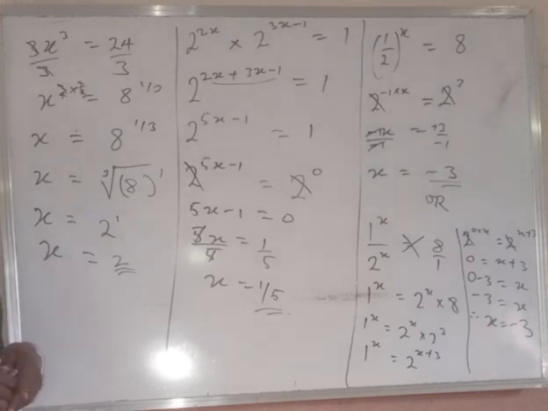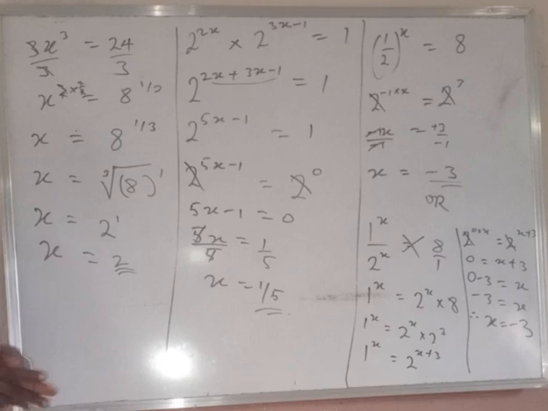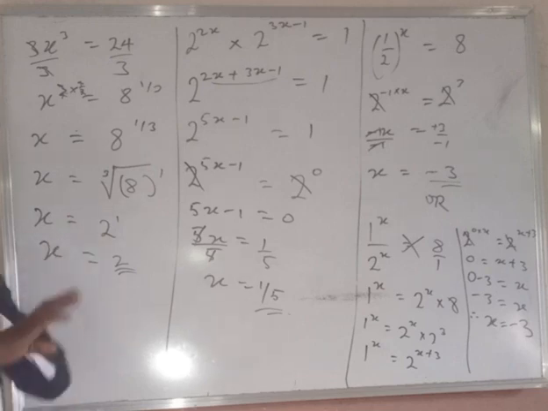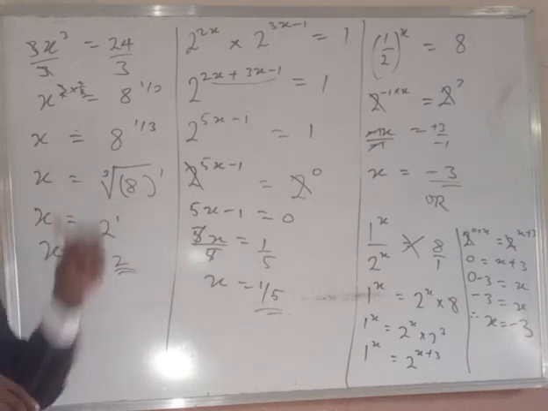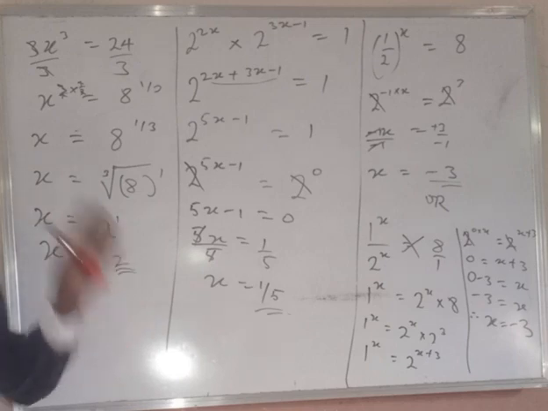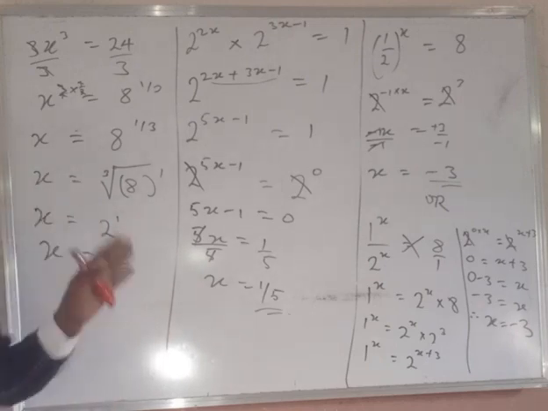Do you get it? Your WAEC past question is there, your JAMB past question is there. Now that we have covered everything we want to learn in indices, you should be determined that anything that has to do with indices in JAMB past questions, I want to solve all of them. Anything that has to do with indices in WAEC past questions, in ECO past questions, in my master's book, I want to solve it.